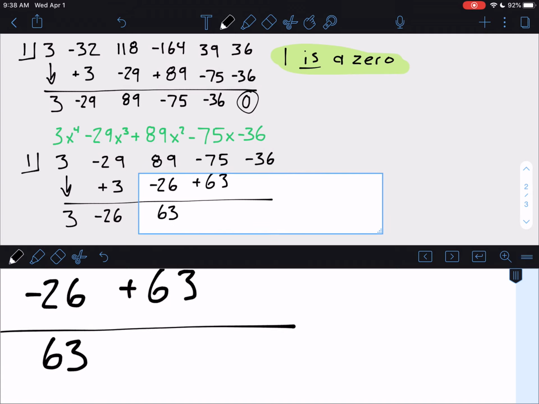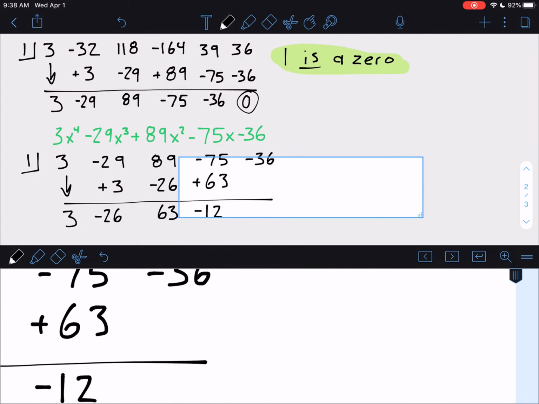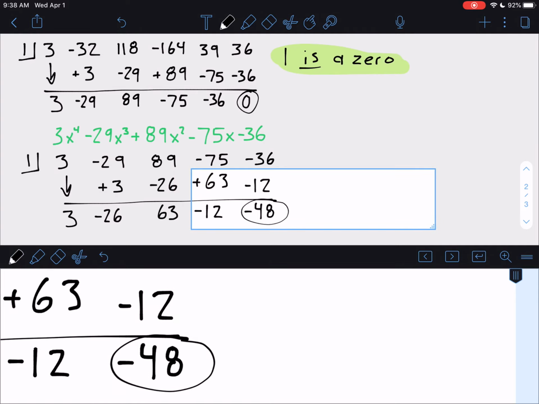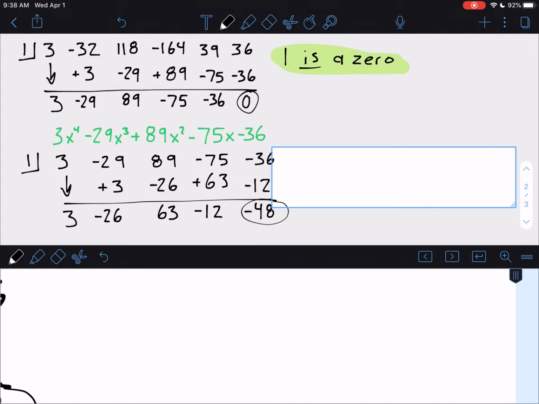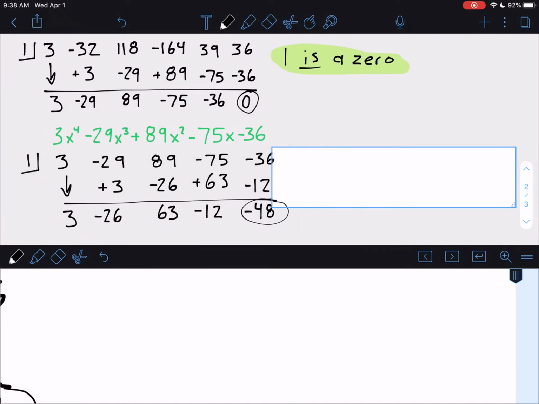Negative 75 plus 63 is negative 12. 1 times negative 12 is going to give me negative 12. Negative 36 minus 12 is negative 48. And unfortunately, negative 48 is not 0, which means that even though 1 was a 0, 1 is not a double 0.